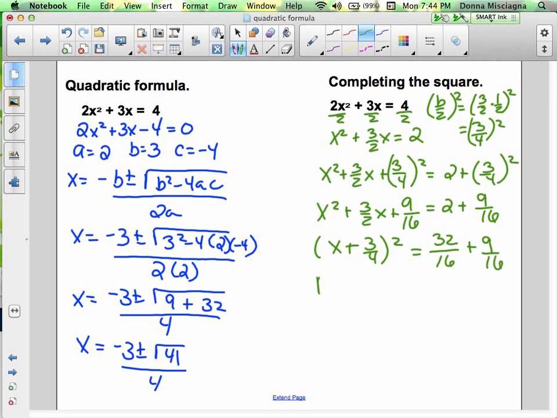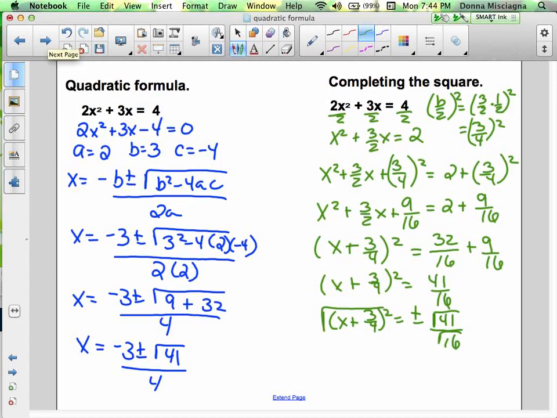Take the square root. X plus 3/4 squared equals, let's add it together first, then we'll take the square root. X plus 3/4 squared equals 41/16. Now we'll take the square root of both sides. So we have x plus 3/4 equals, let's split it, plus or minus the square root of 41 divided by the square root of 16.